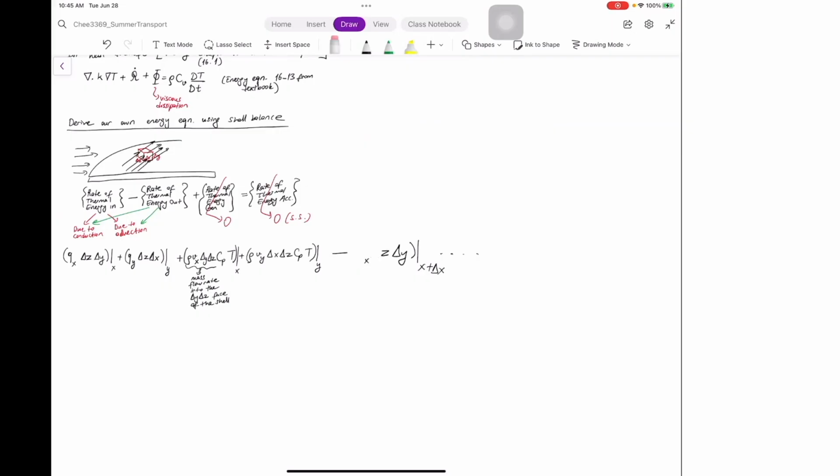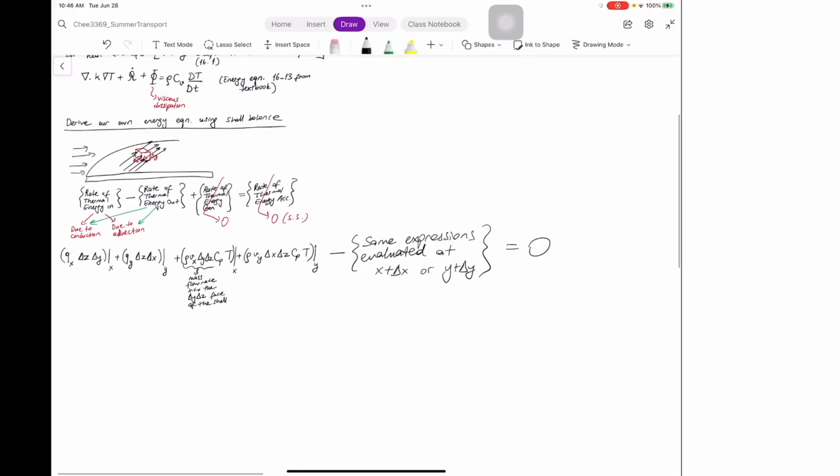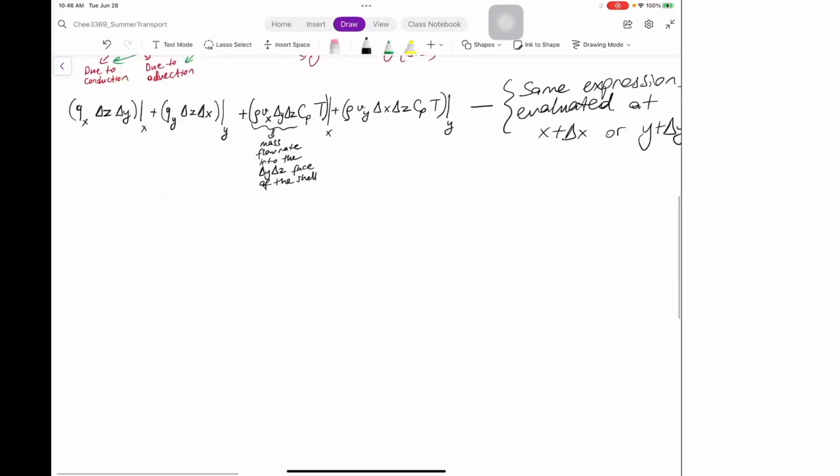So here what I'm going to do is use a shorthand notation and say same expressions evaluated at x plus delta x or y plus delta y, okay, is equal to 0 from our equation.